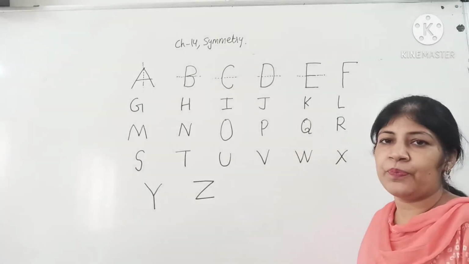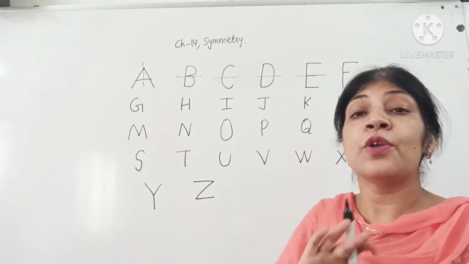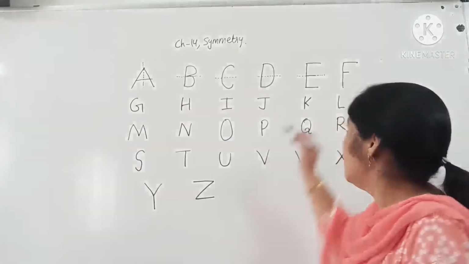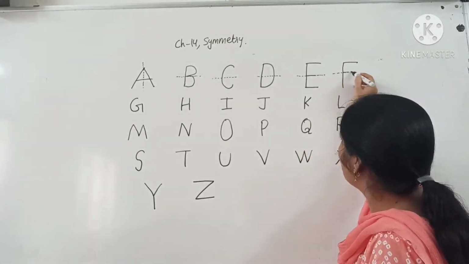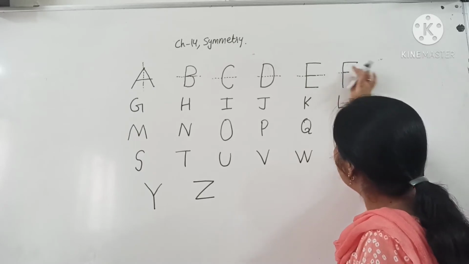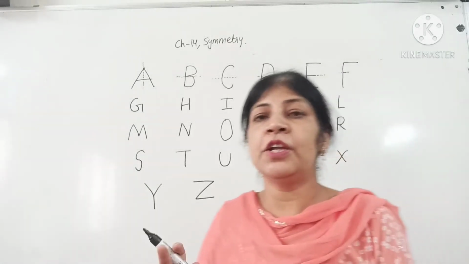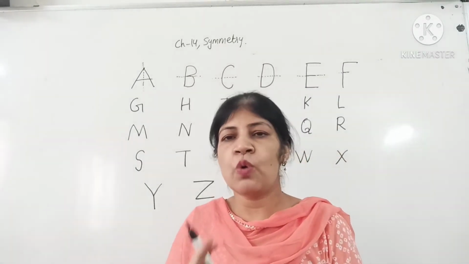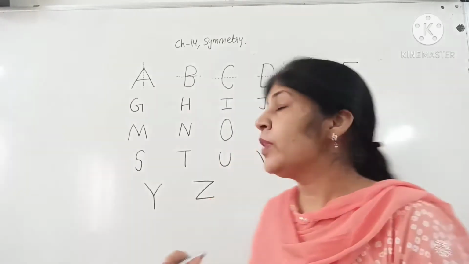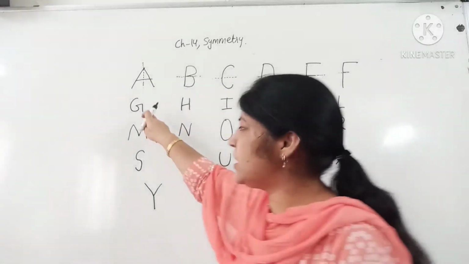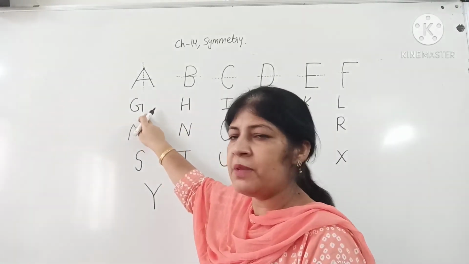Now F. F has no line of symmetry, neither horizontal nor vertical. If you draw like this or this, they will not divide it into two equal parts. So F has zero line of symmetry. Now G, same. G has no line of symmetry.